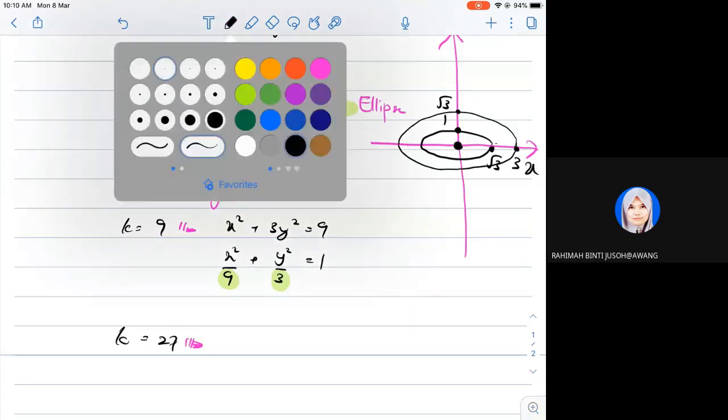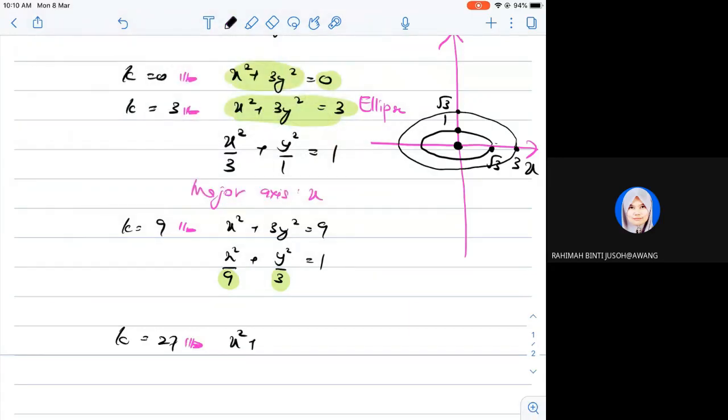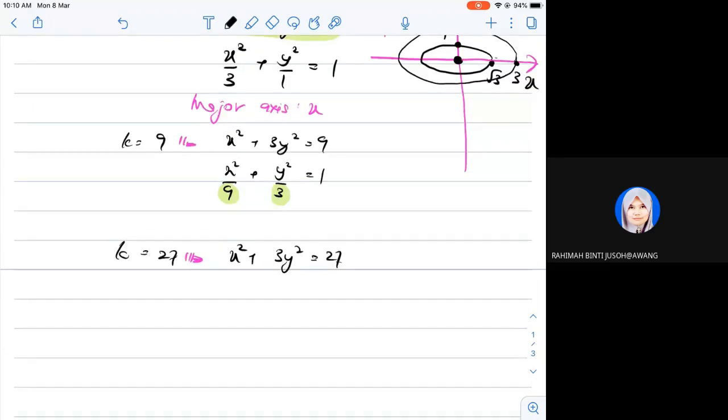We will have x squared plus 3y squared equals 27. So if you change the form, x squared over 27 plus y squared over 9, isn't it? 3 over 27 is 1 over 9.